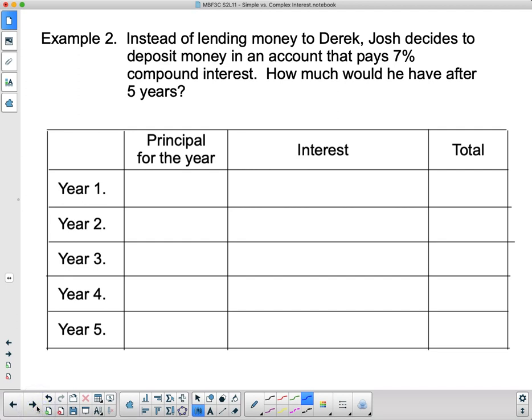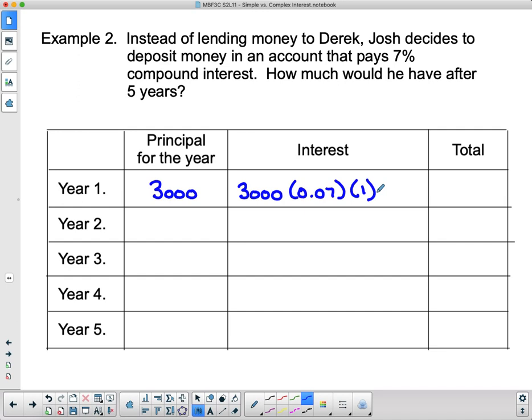So instead of lending Derek the money, Josh puts it in an account for 5 years. In the first year, he has $3,000, and he's going to put that in the account for that 1 year only. So $3,000 times 0.07 times 1 year.